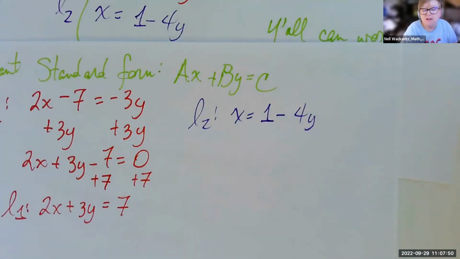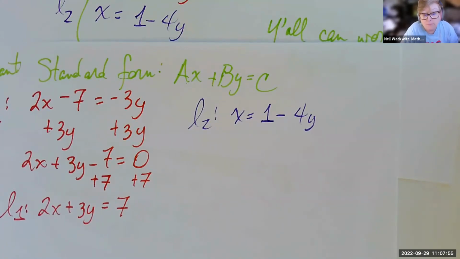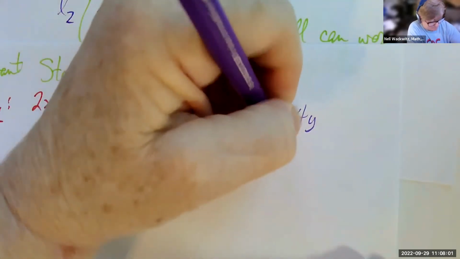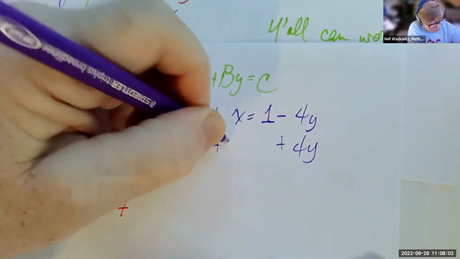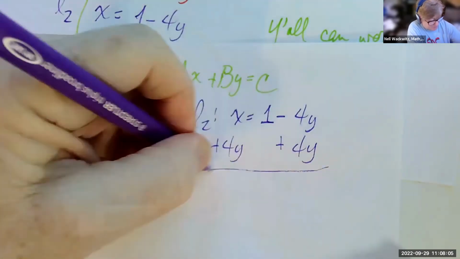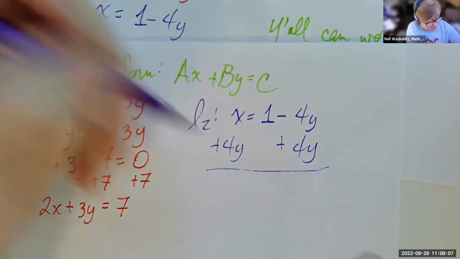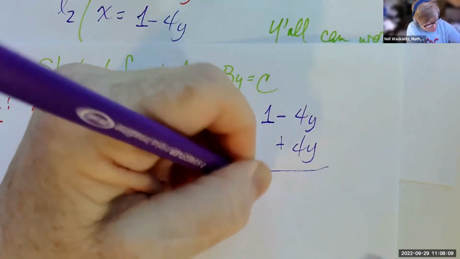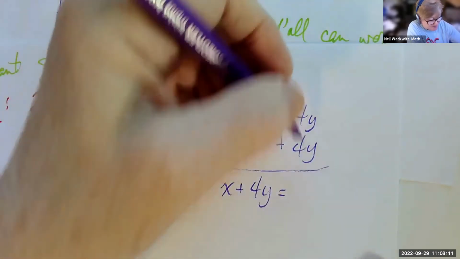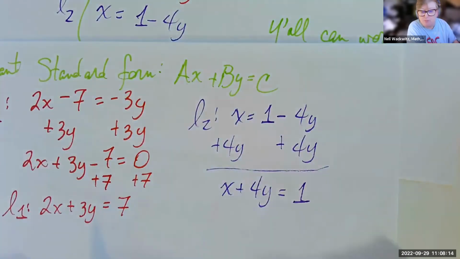What can we do to make line 2 in standard form? Add the 4y to the other side. Excellent. So now the left side is x plus 4y, and the right side is just 1.